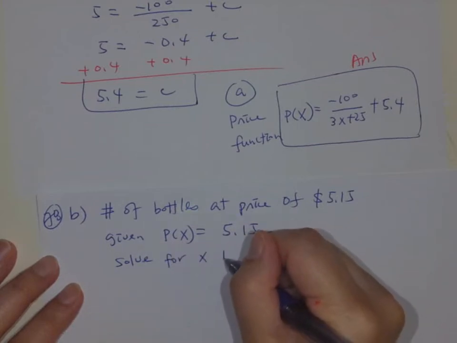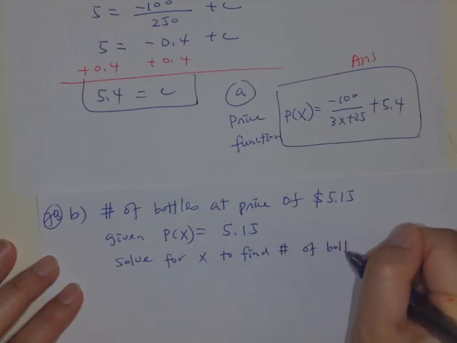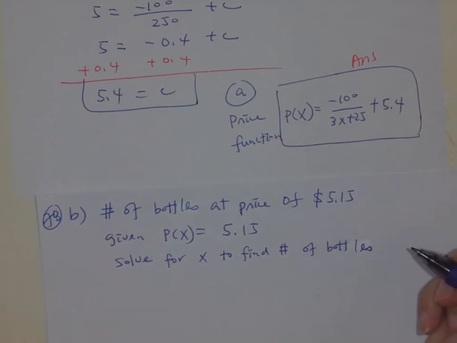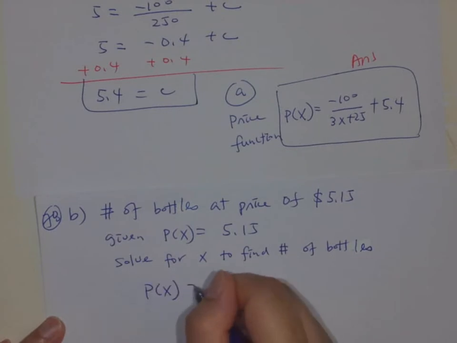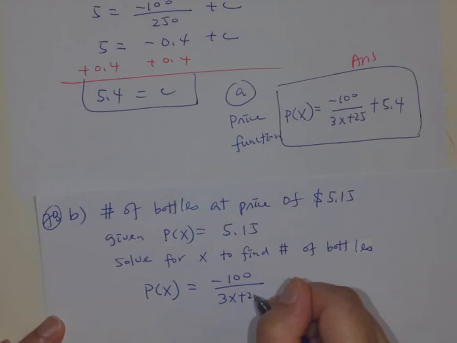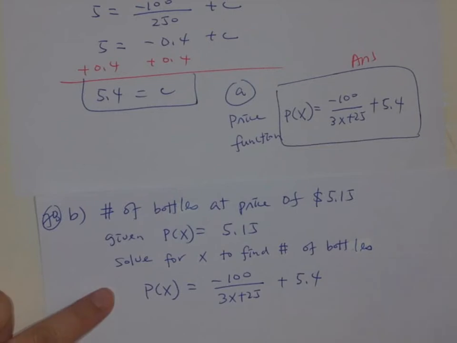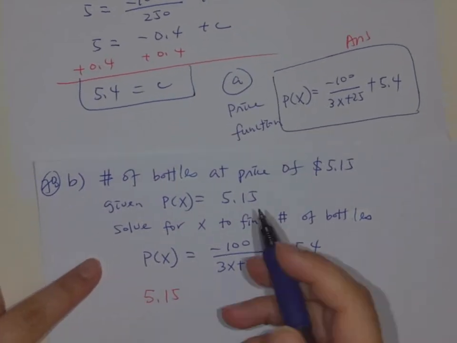To find the number of bottles using the function we just found, right? So we got p of x equal to negative 100 over 3x plus 25 plus 5.4. So now they say let p of x equal to 5.15, and then we solve for x.